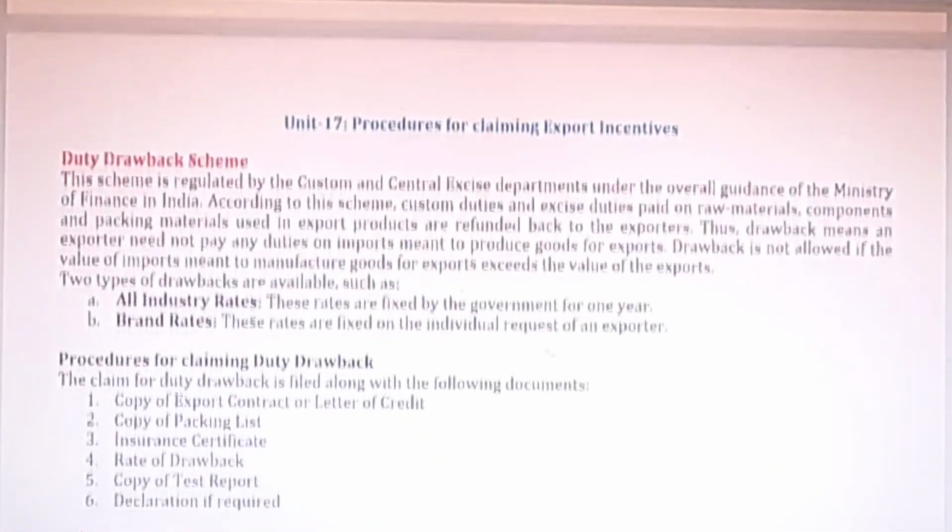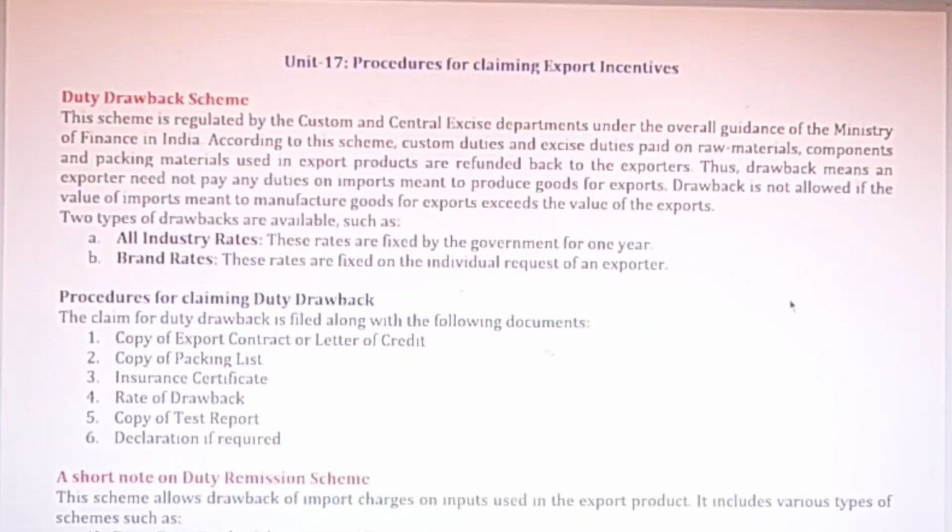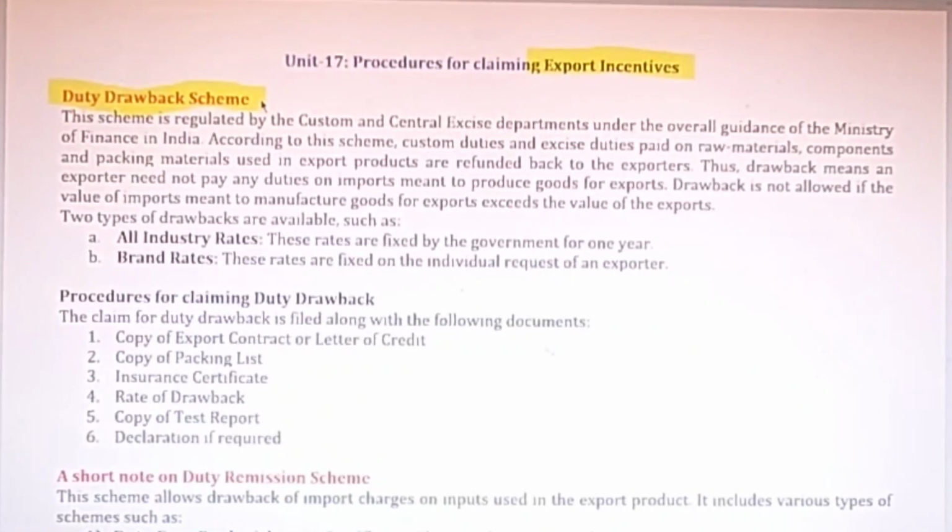And this is the last unit: procedures of claiming export incentives. When we talk about export incentives, the first number comes to the duty drawback scheme. Whenever an exporter exports his goods, he has to pay the customs duty.